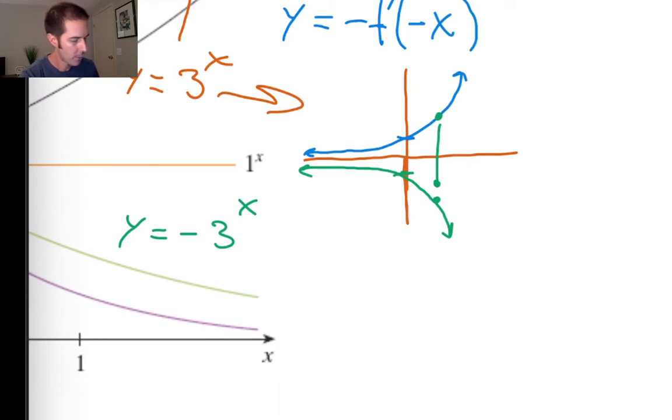The next thing we're going to do is our horizontal reflection. So I'm going to take this equation and modify it even further. Let's write it as y equals negative 3 to the negative x. That negative up in the exponent causes that horizontal reflection, which means that anything that was to the right of the y-axis, like this point, is now going to be to the left of the y-axis.